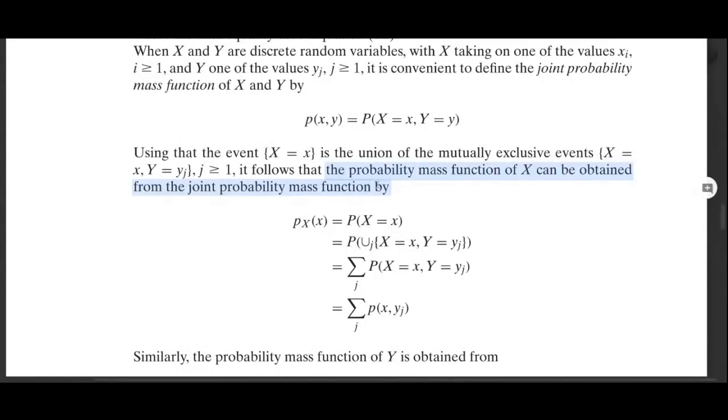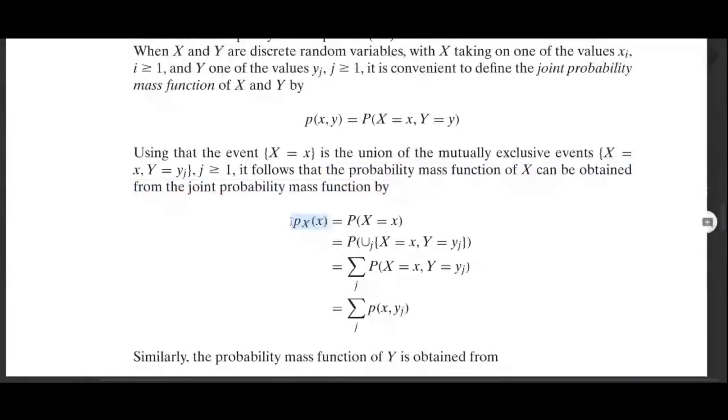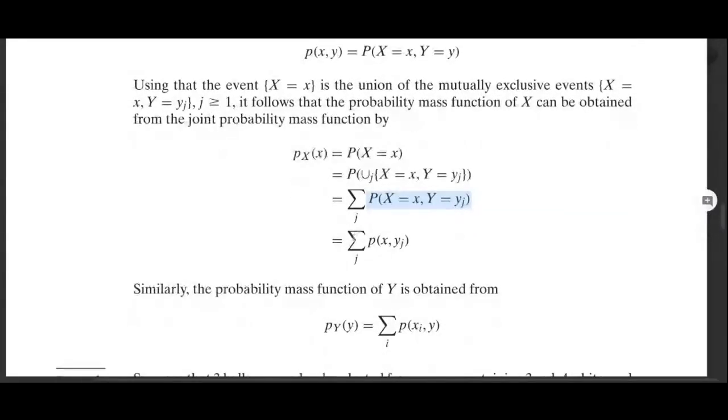The probability mass function of X can be obtained from the joint probability mass function by this. P_X of x is the probability of a union of all those x and y's. It's a summation of all these density functions, evaluated according to this j.